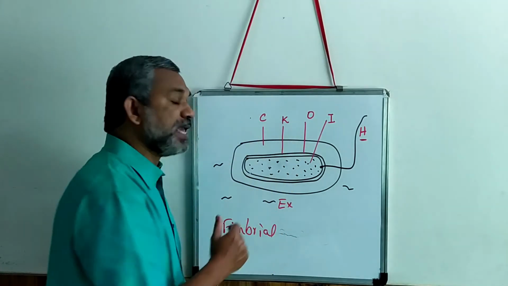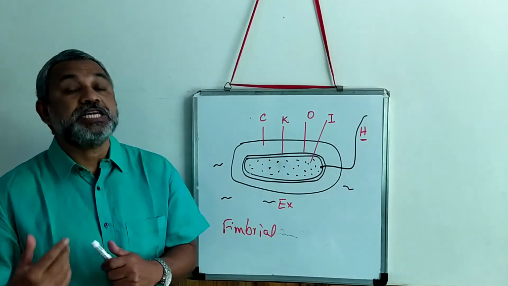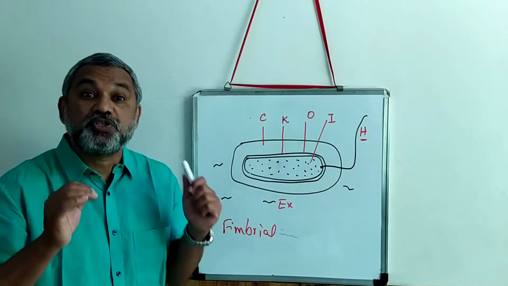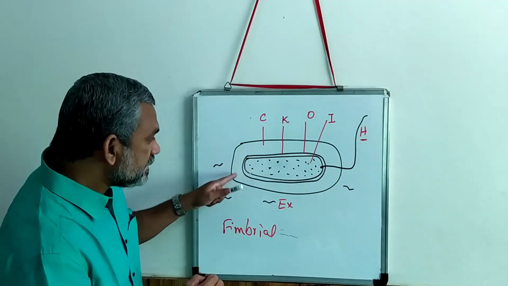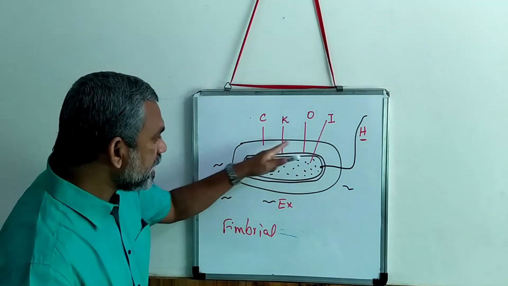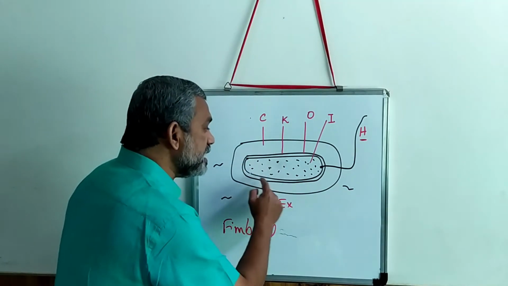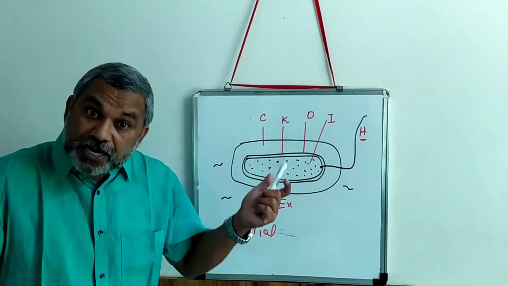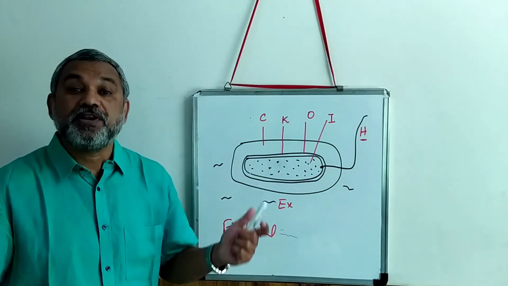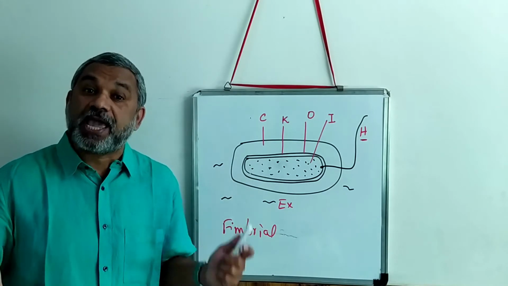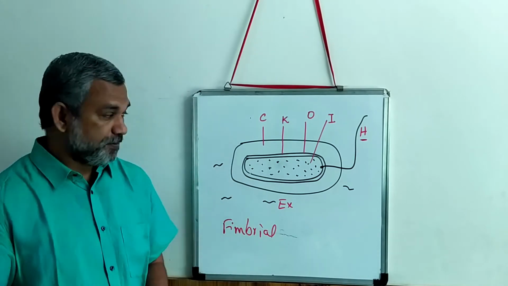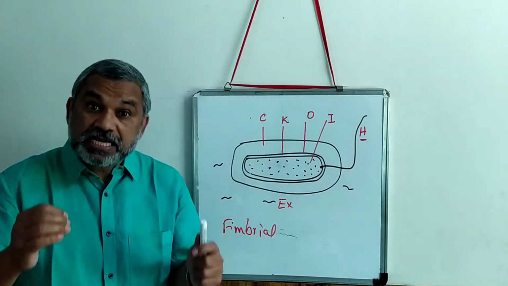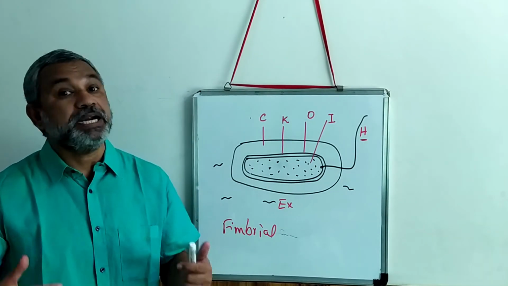Another antigen is the K antigen. The K antigen is also called the capsular antigen. It is the internal antigen around the cell. There are different forms of the K antigen. Roughly about 50 different types of K antigens have been identified, which are highly resistant to heat denaturation.